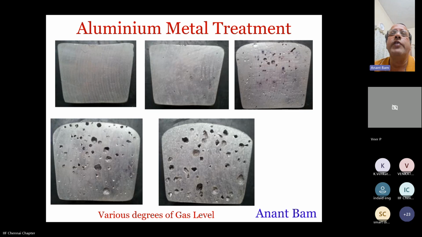The density index will be around 4.5 to 5.5. The third sample is further gassy. The density index will be around 8 to 10. Fourth sample is further gassy. The density index will be around 12 to 14. And the last sample on the bottom right is the dirtiest sample, gaseous sample, in which the density index is between 15 to 18.